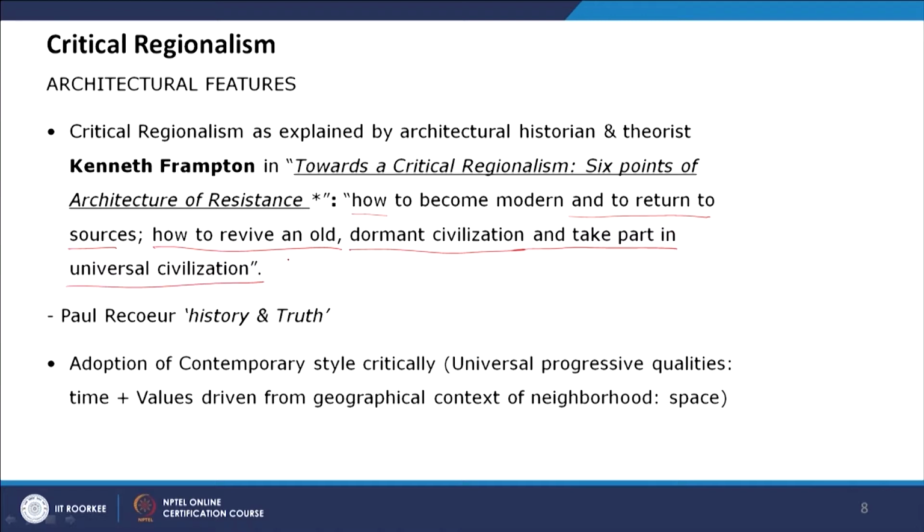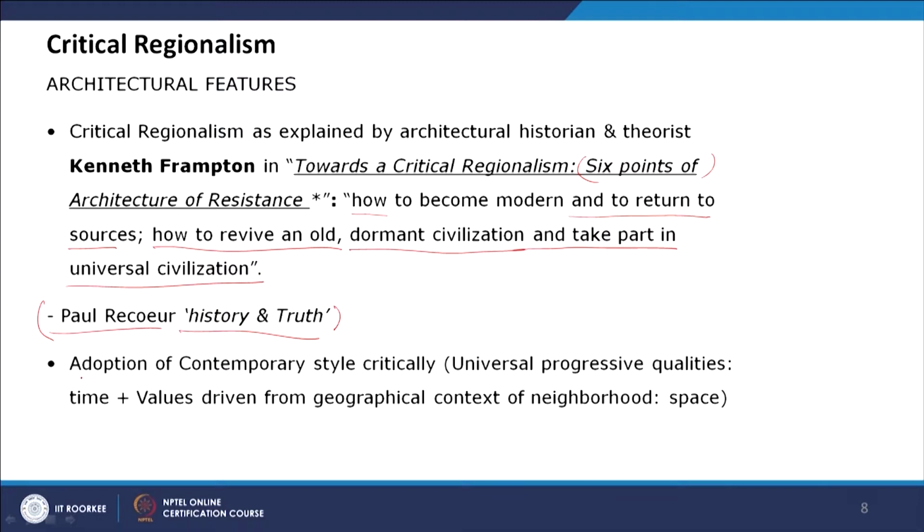That is written by Paul Ricoeur in History and Truth. He is quoting Paul Ricoeur, and then he comes to the six points of architecture. We'll discuss how he describes critical regionalism from his point of view.